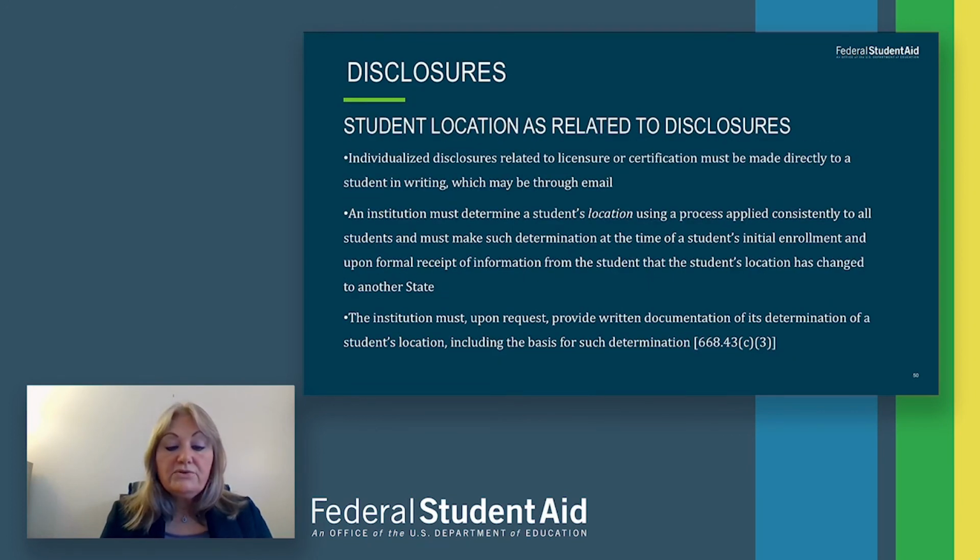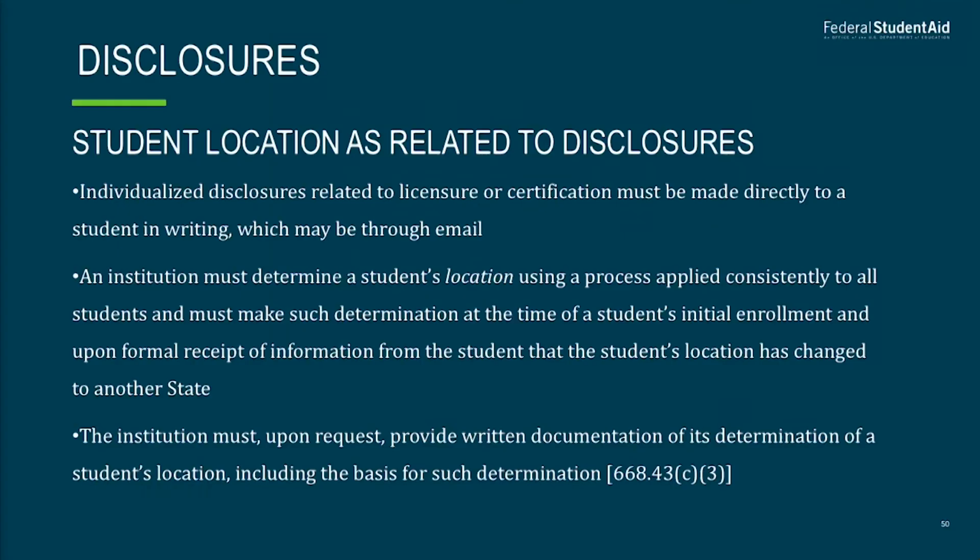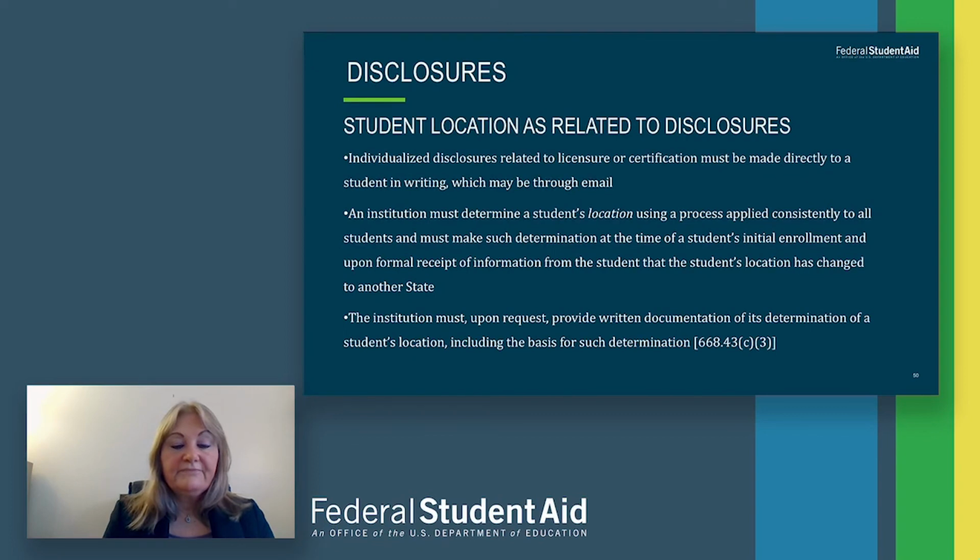It is important to note that individualized disclosures related to licensure or certification must be made directly to a student in writing, which can be through email, and an institution must determine a student's location using a process applied consistently to all students and must make such determination at the time of a student's initial enrollment and upon formal receipt of information from the student that the student's location has changed to another state.